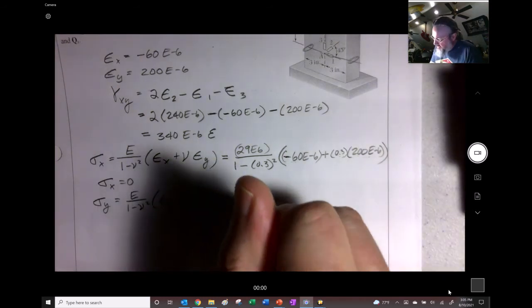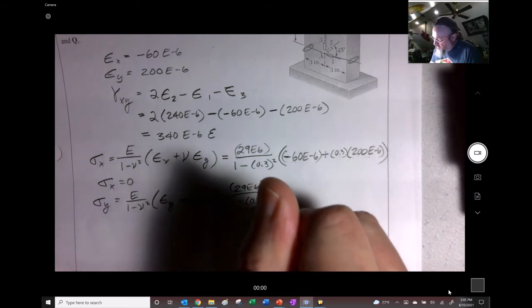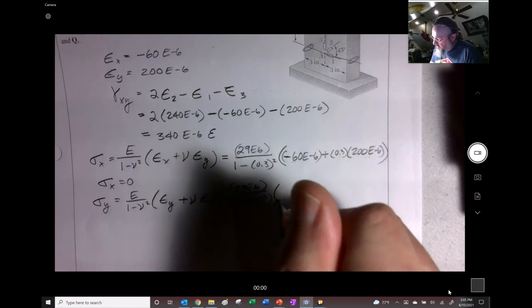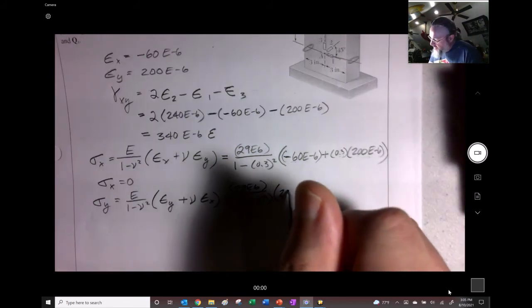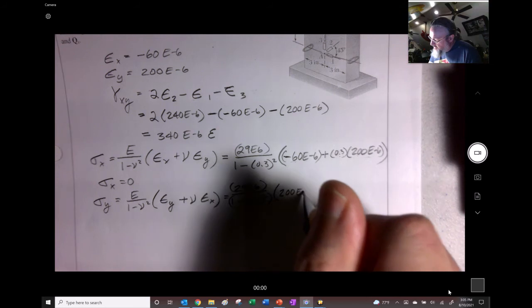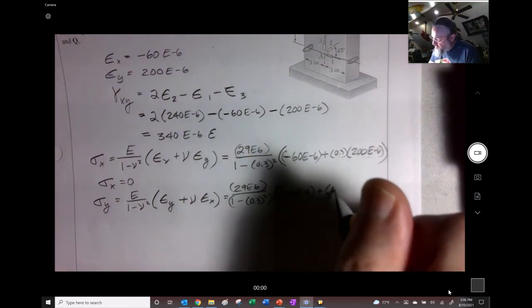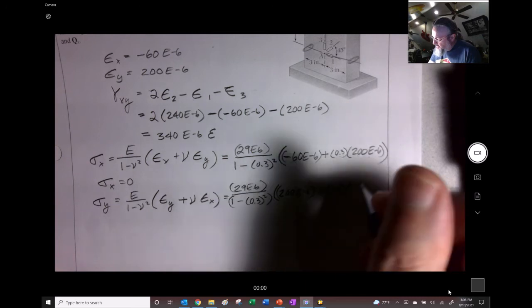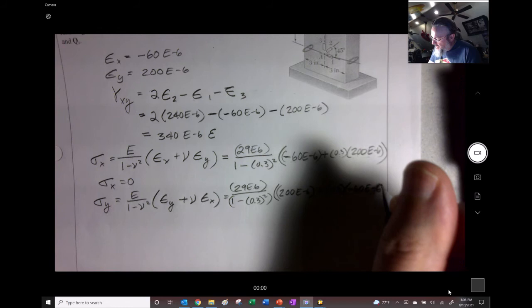So now we've got 29E6 divided by 1 minus 0.3 squared. And now in the y direction, we get 200E minus 6, right? And then plus 0.3, but that's going to be times our negative 60 E minus 6.